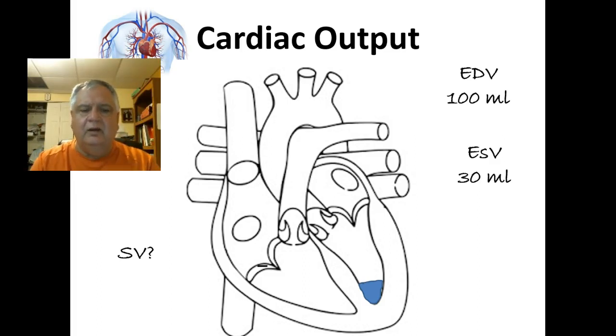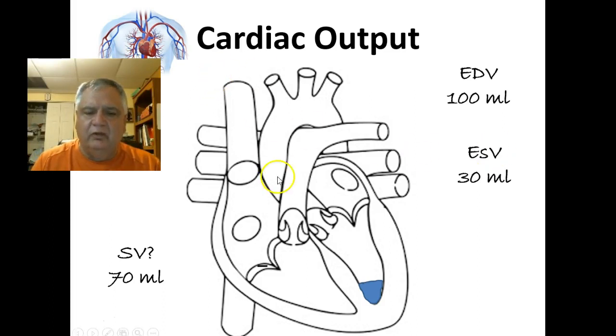Well, let's say that 70 milliliters was ejected out. 70 from 100 leaves us with 30 milliliters of blood. That 30 milliliters of blood is referred to as the end systolic volume. Okay? Well, if the end systolic volume is 30 milliliters, what's the stroke volume? Well, obviously, it's 70 milliliters of blood.